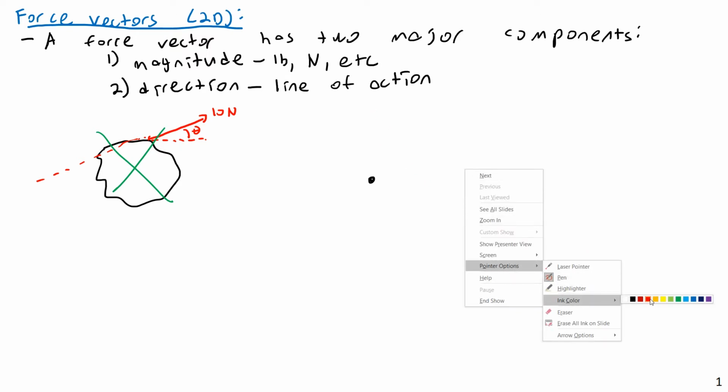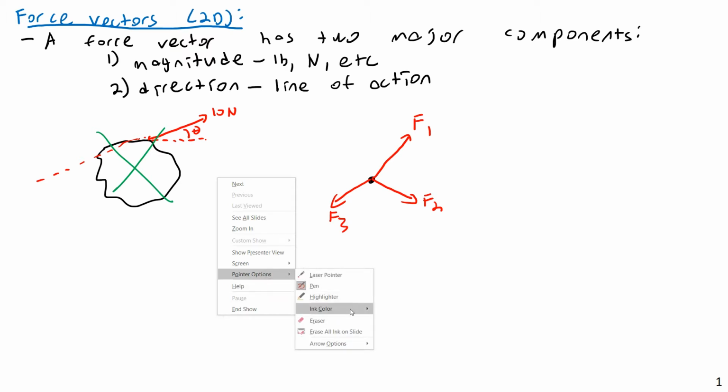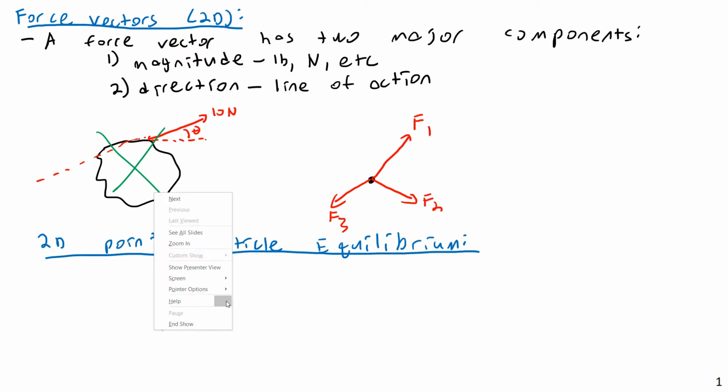There may be a variety of forces acting on this in a single plane. But if this is going to be in equilibrium, all of these forces, F1, F2, F3, etc., must have a vector sum equal to 0. So the conditions for 2D point particle equilibrium are as follows.